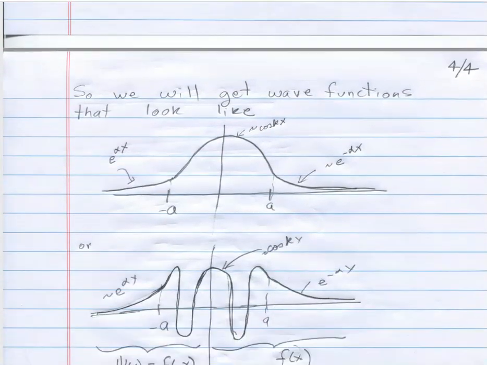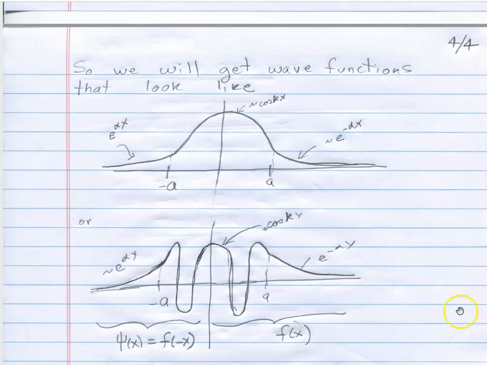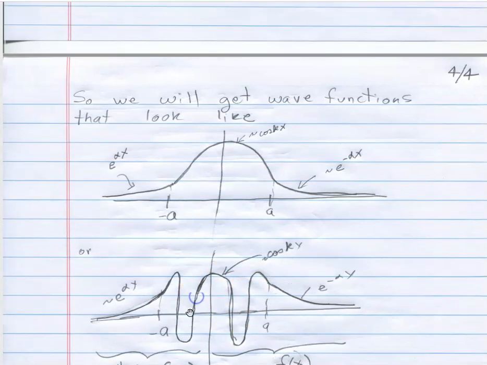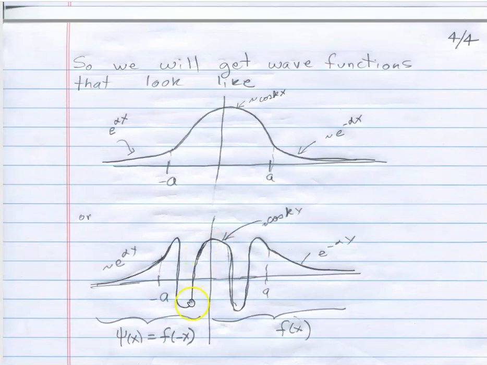I can go really any kind of a cosine function in between with more wiggles in it. Here's the next one. I get a function that's a cosine function in here. Again, it has to go exponential decay out here, and e to alpha x as x is negative, it goes down here, and we'll have to match them up.